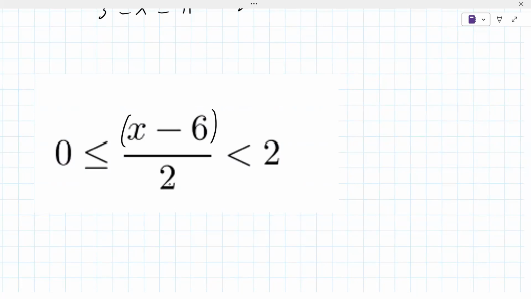Yeah, I usually do division or multiplication first. I got 6 is less than or equal to x is less than or equal to 10.